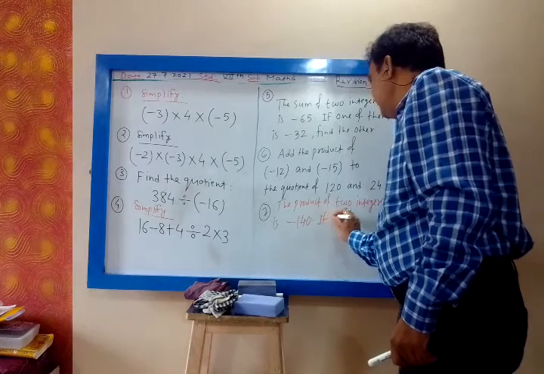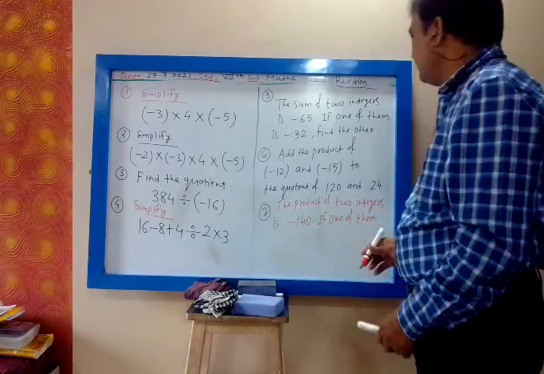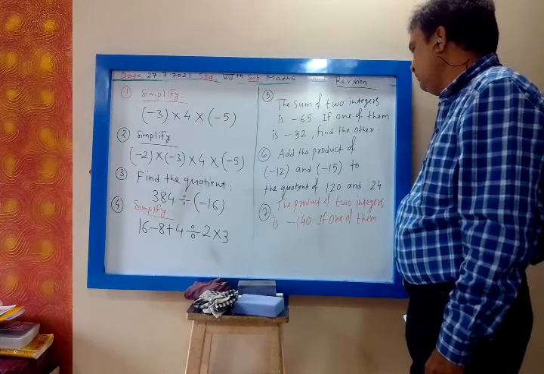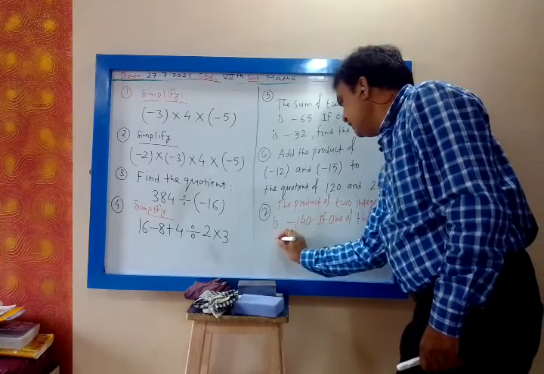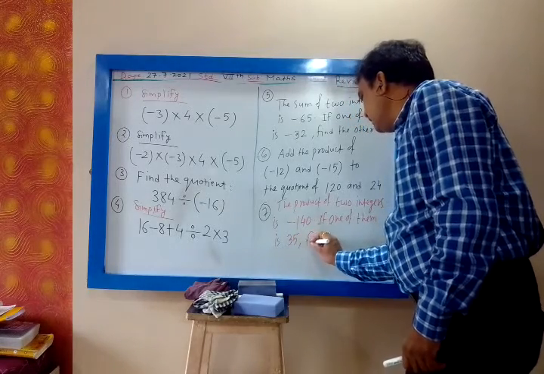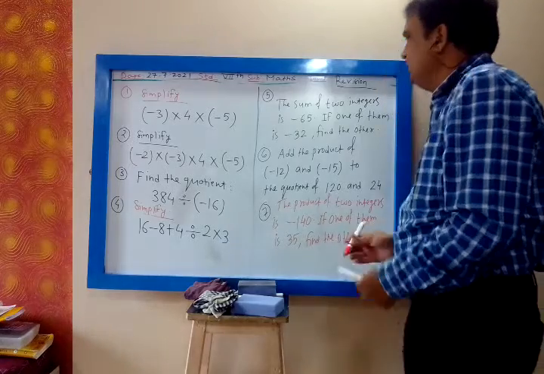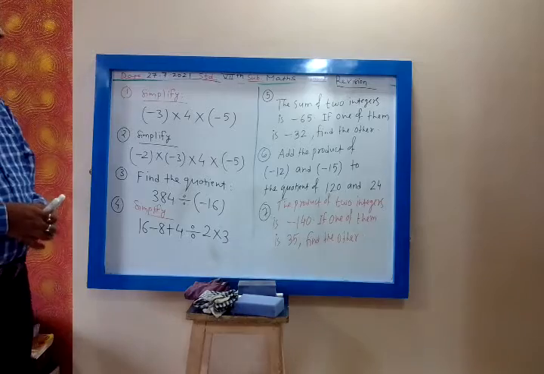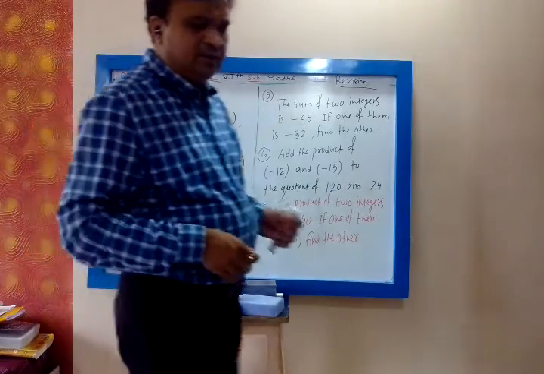If one of them is 35, find the other. Start solving the seventh problem. You have to get the answer. Once the seventh is completed, you take.